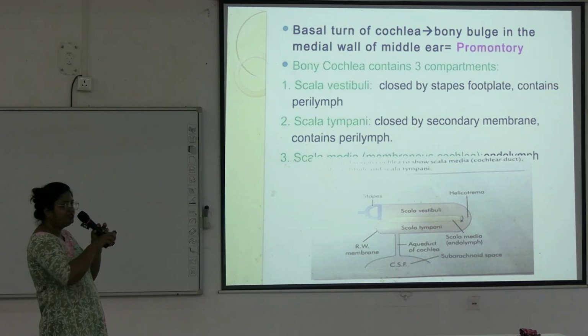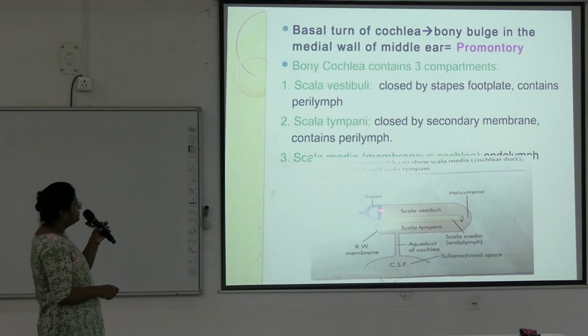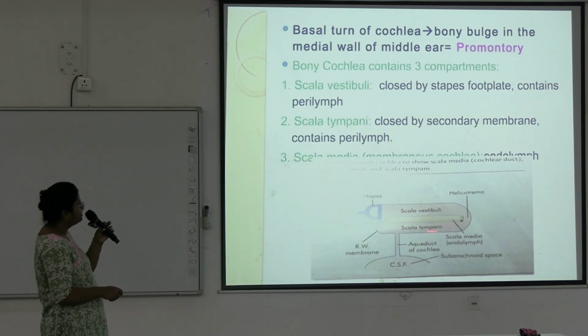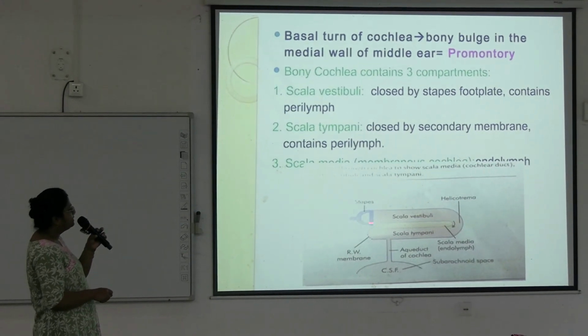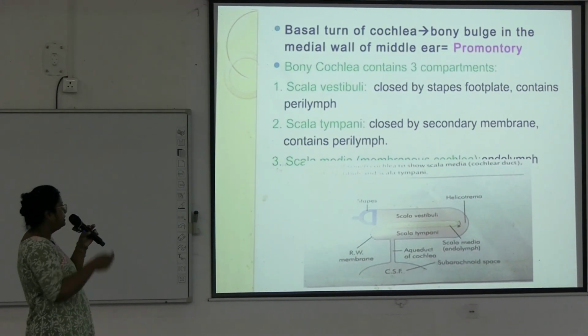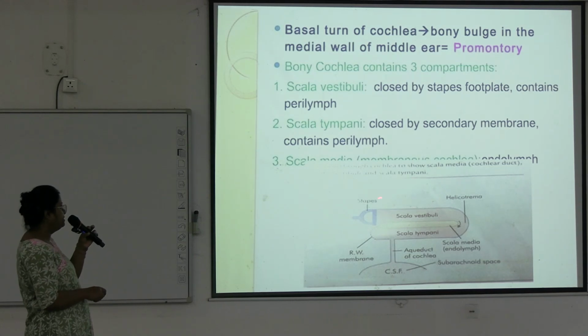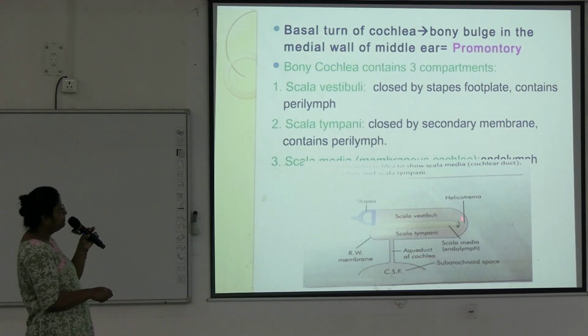Here we have straightened the cochlear turns. So this is scala vestibuli, this is scala tympani, and this middle part is the scala media. So you see this scala vestibuli is connected with the footplate of the stapes. Here the sound wave is entering. Then it is passing through this helicotrema.